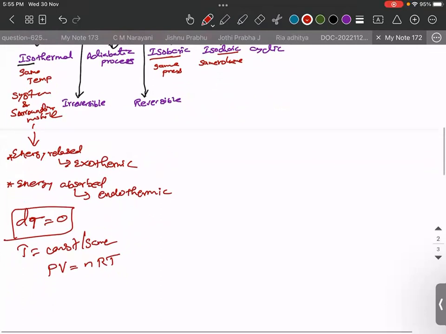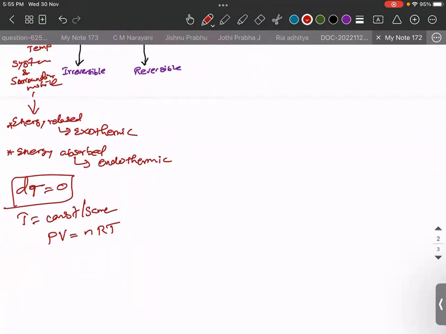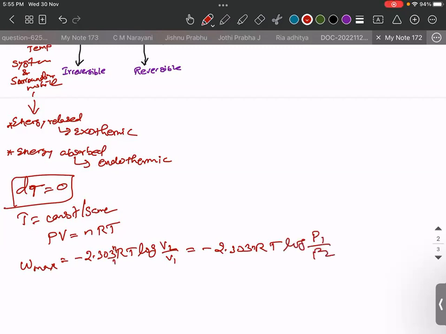So if you are calculating maximum work done, W maximum is equal to minus 2.303 nRT log V2 by V1, or minus 2.303 nRT log P1 by P2. So this is the maximum work done we can calculate.